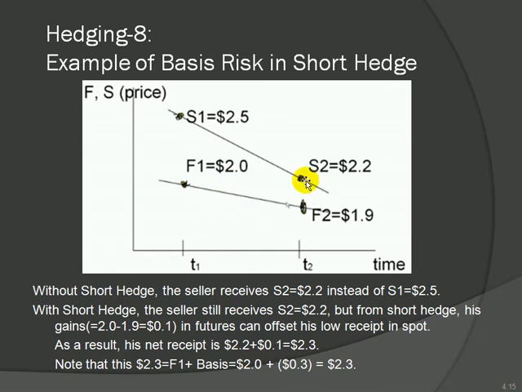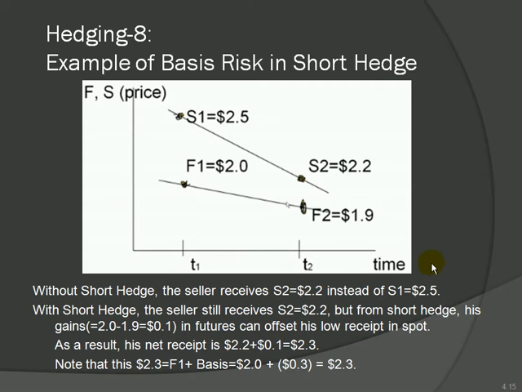So although as you expected, when you sell your spot commodity at time T2, you're going to receive a smaller amount of money than the current price, but this risk is going to be compensated by the gains that you made in a futures market, right? That's the beauty of this short hedge.